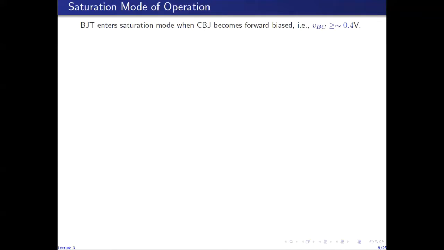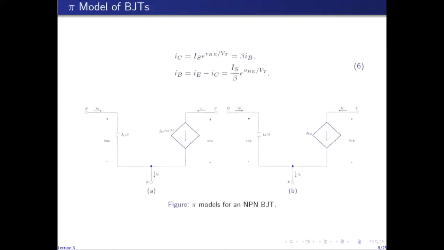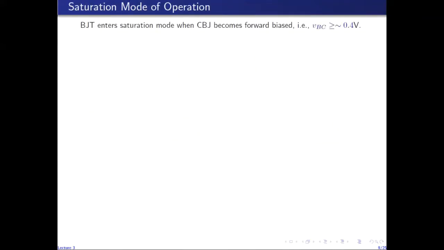So when the collector-base junction is forward biased, while keeping the emitter-base junction forward biased, the transistor enters the saturation mode of operation. But we know from the theory of diodes that a PN junction does not start conducting appreciably, or does not become fully forward biased, unless the forward voltage across it exceeds about 0.4 volts or so.